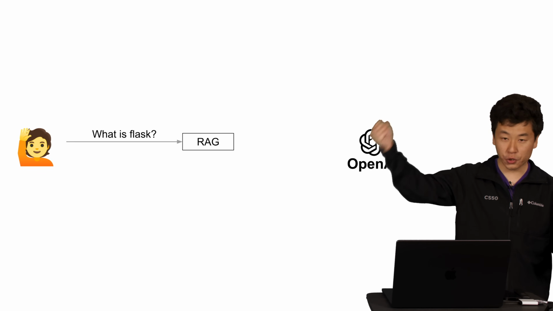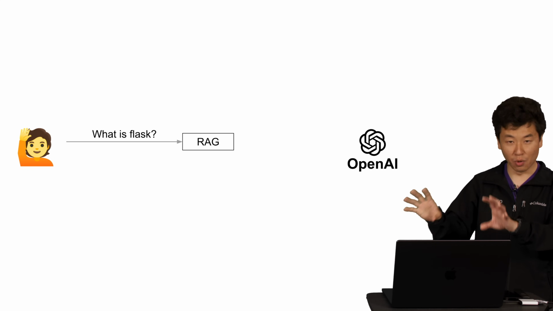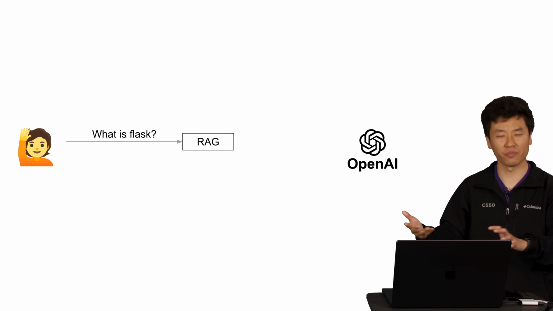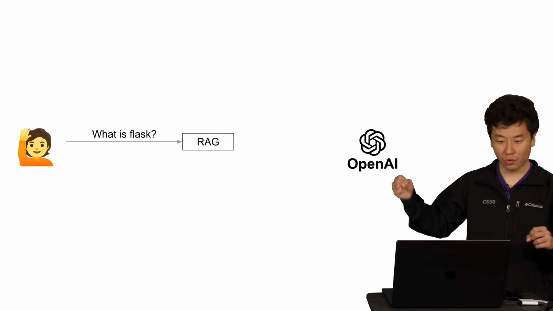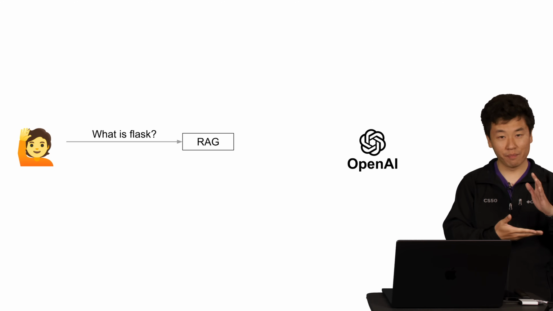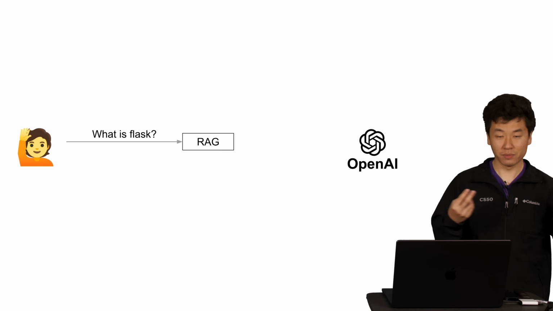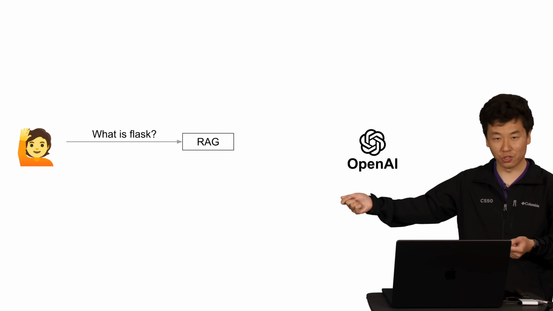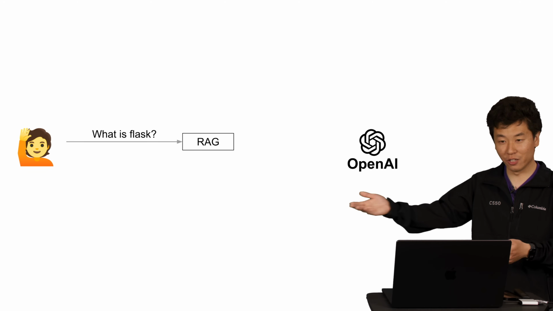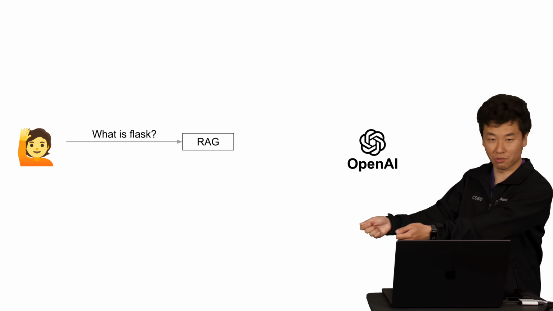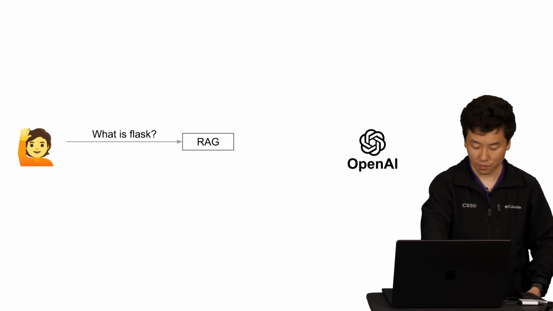So we retrieve the best matching caption, the moment that David actually talked about what Flask is in the course. We literally put that back into our prompt, our updated prompt. It's kind of like handing GPT a cheat sheet, like, hey, GPT-4, here's a cheat sheet. You can just look at this and answer the question.